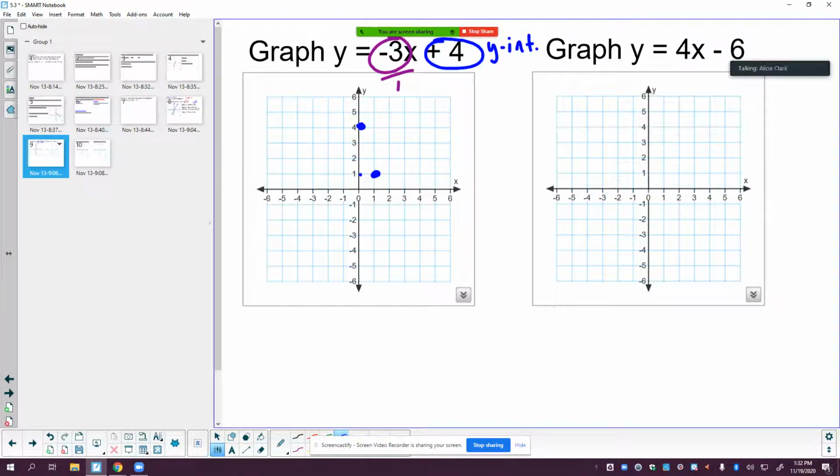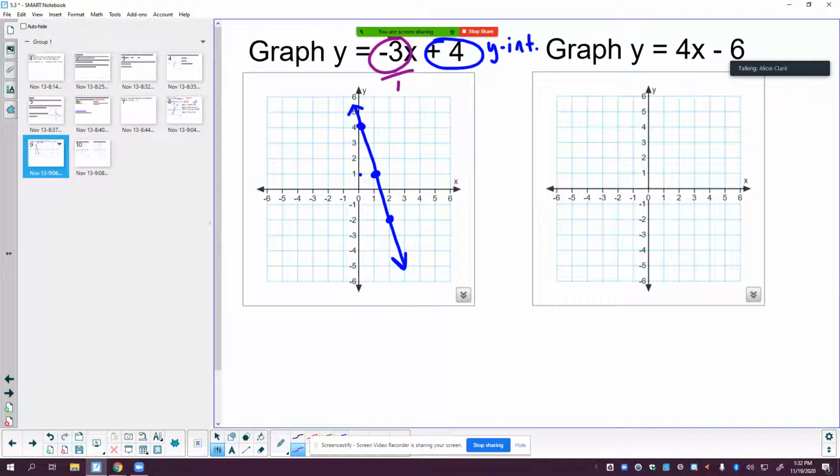Again, I can do that as many times as I need to, 1, 2, 3 down, and 1 to the right. You'll see that those are in a line. If I connect those 3 points, it should make a straight line. Any questions on that?